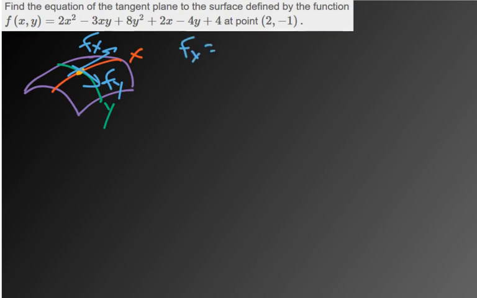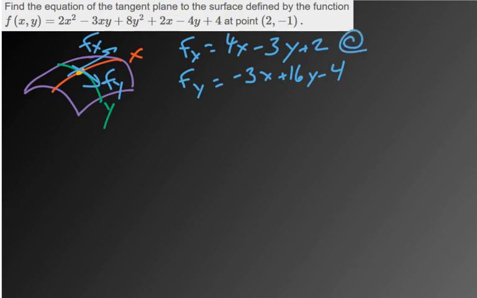If you take the partial of this thing with respect to x, you're going to get 4x minus 3y plus 2. And with respect to y, you're going to get minus 3x plus 16y minus 4. And you need the slopes, right? So if you do this at the point, you would get 13. And if you plug in this one at the point, you'll get negative 26.